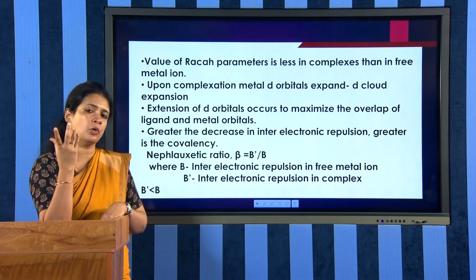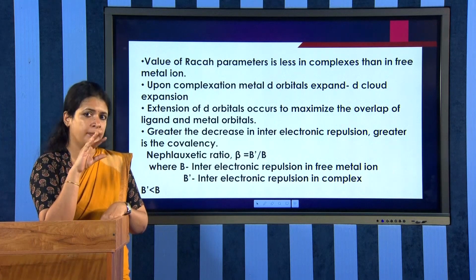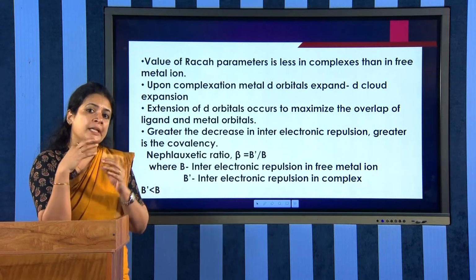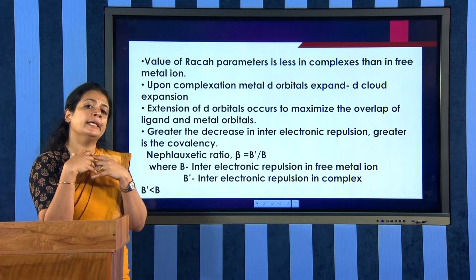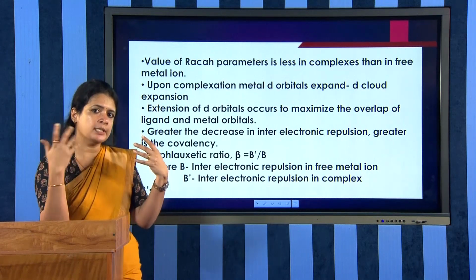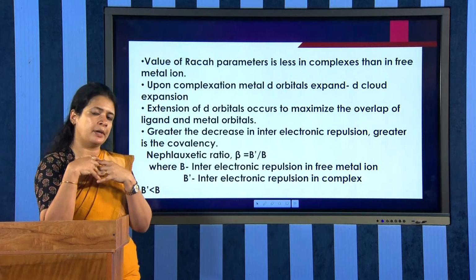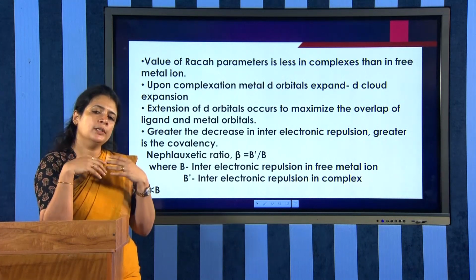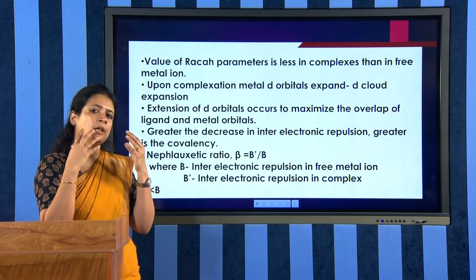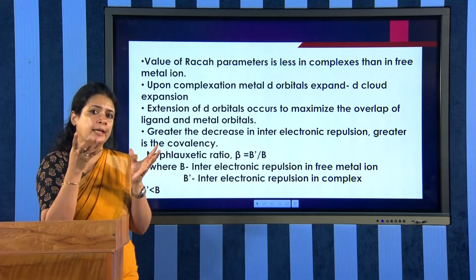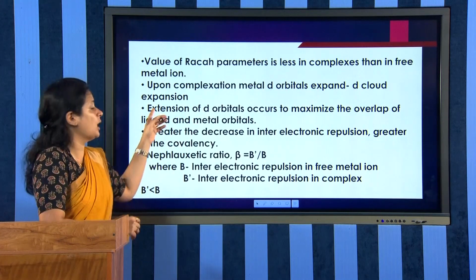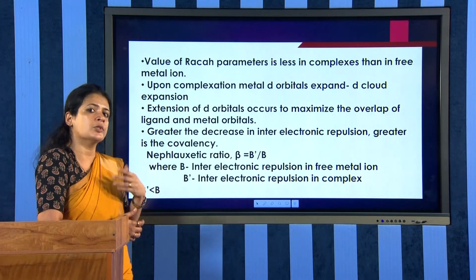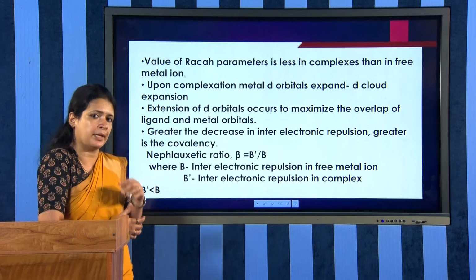Upon complexation, what happens? These metal d orbitals expand. Why are they expanding? For a better overlap with the ligand orbitals. See, metal orbitals and ligand orbitals should overlap, right? And then only the metal ligand bond will be formed. For the effective overlap, these metal d orbitals expand, and that is called d cloud expansion. Metal d orbital expansion is also called d cloud expansion.